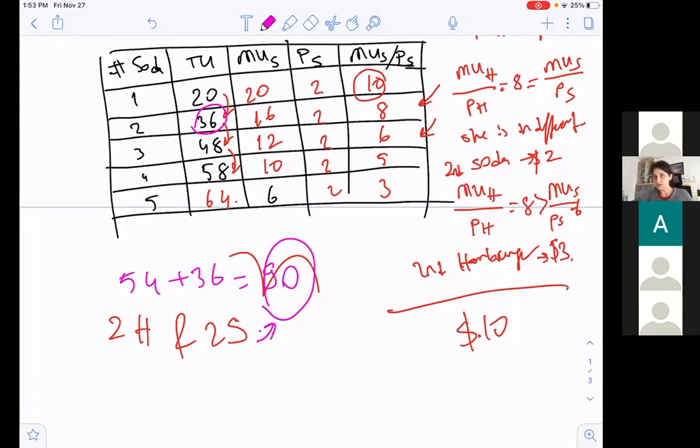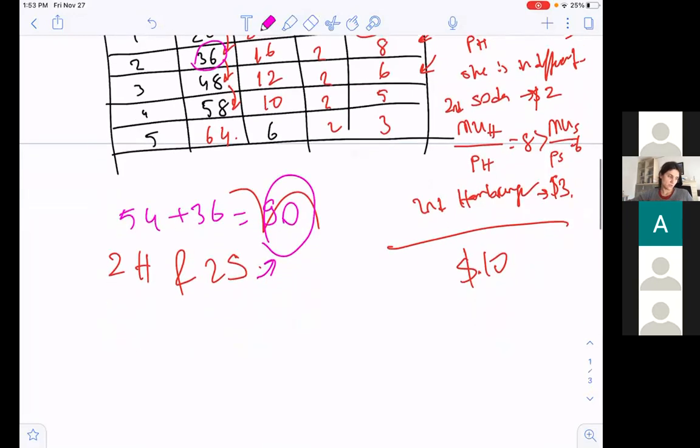Work harder if the substitution effect dominates, not the income effect. So A is wrong. If income effect dominates, this person should work less when the wage increases.